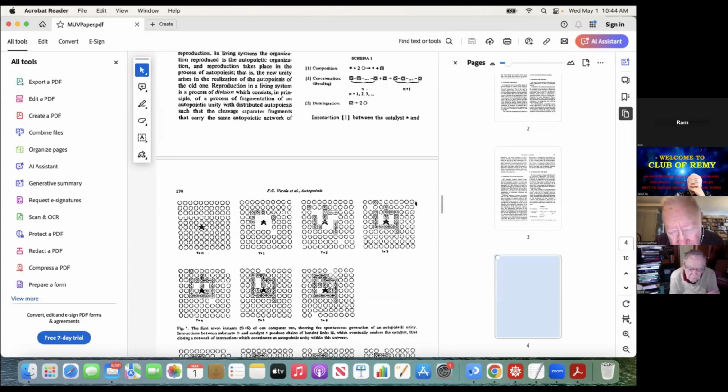And because the catalyst is surrounded by the bonding molecules, it tends to stick around in relation to them. It doesn't escape and leave them to fall apart. It tends to be part of the nucleus of the protocell, you might say.